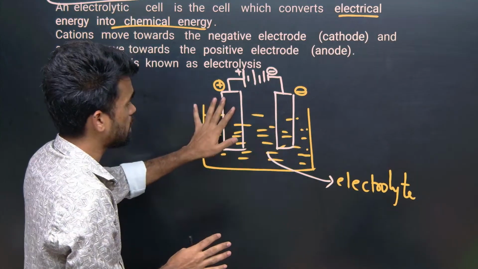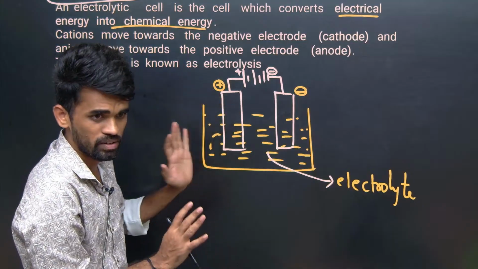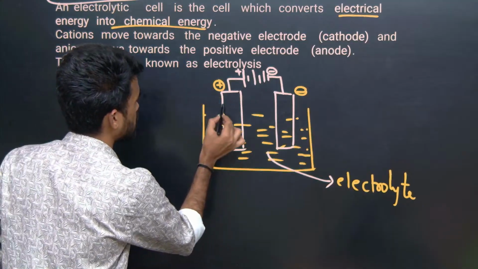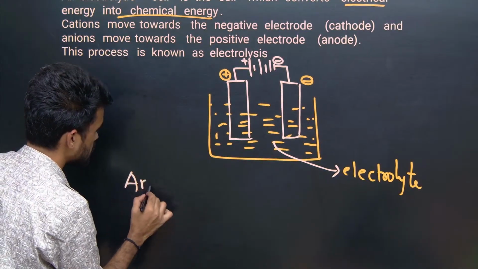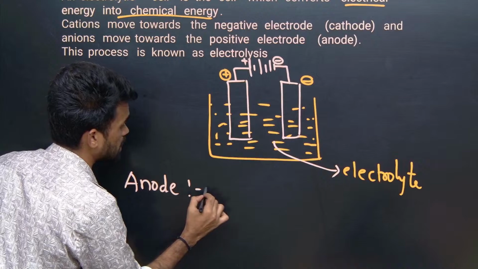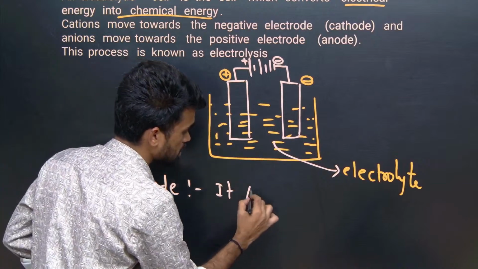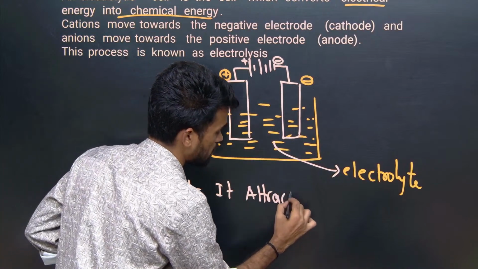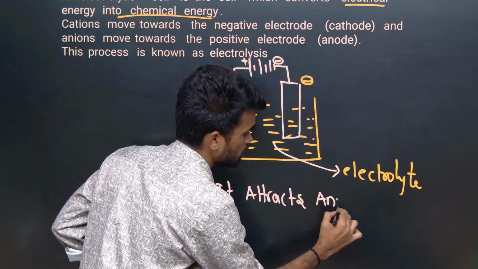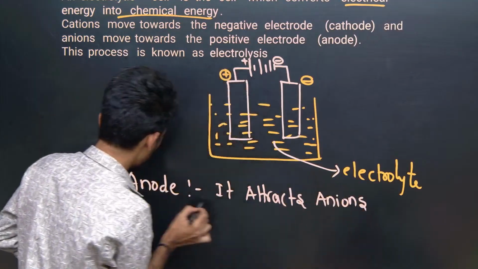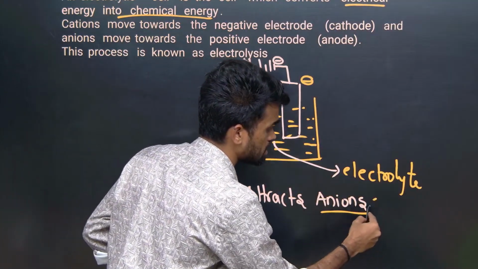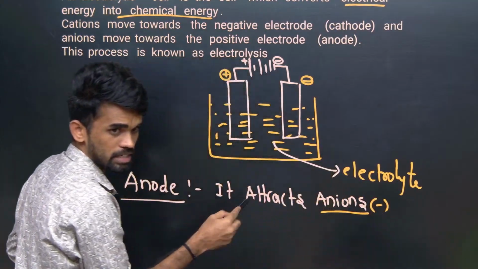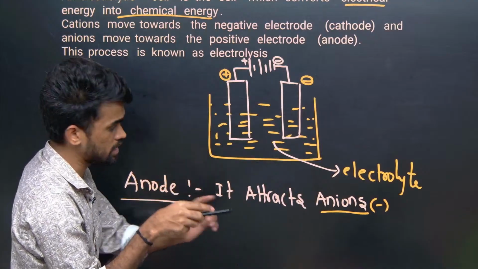But here one is the cathode and the other is the anode. So what is the anode and what is the cathode? The anode attracts anions. It means what should be the charge of the anode? Attracting anions, which are negatively charged, like chloride ion and bromide ion, all these are anions.